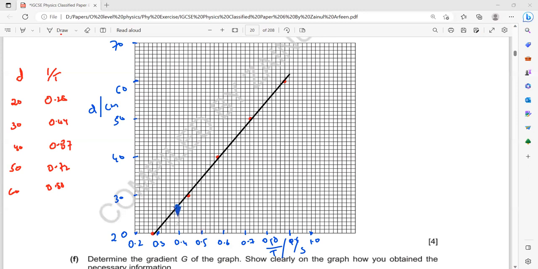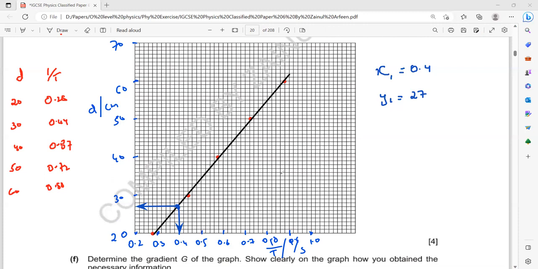So we mark a point and you have to draw these lines on the graph, because there are marks for showing. So 0.4. The first point on the x-axis is called x1, which is equal to 0.4. The first point on the y-axis is called y1, so it is 7 boxes above 20, so that is 27.